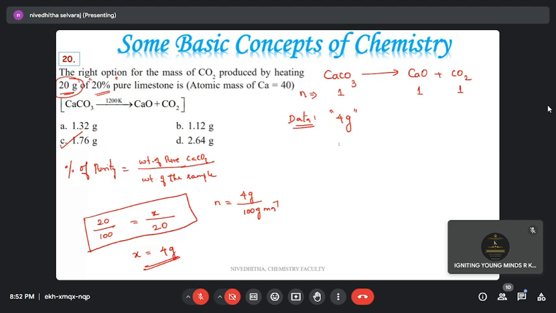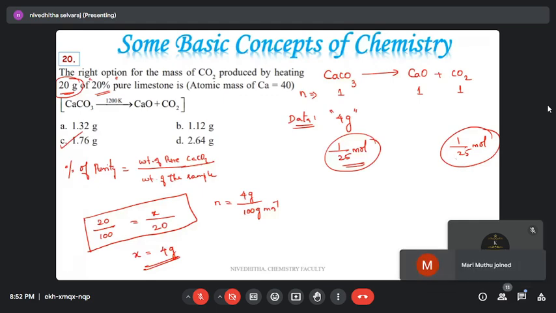So 1 by 25 mole of calcium carbonate gives the same quantity of carbon dioxide, which is 1 by 25 mole. But they're asking us to express it in weight or in gram. So the number of moles of carbon dioxide evolved was 1 by 25 mole. So what is the weight of carbon dioxide evolved? From number of moles, you have to calculate weight. Number of moles is equal to given mass divided by molar mass.